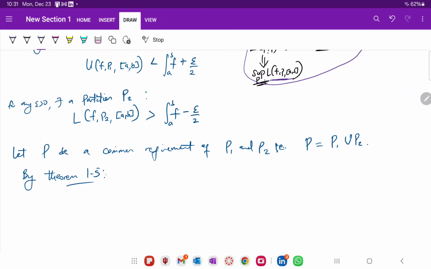We have our lower Riemann sum of f over P. Since this P is a refinement of P1 and P2, the lower Riemann sum of this P will be greater than the lower Riemann sum of P2. But on the other hand, the upper Riemann sum of these will be less than the upper Riemann sum of this. That is, we have something like this.